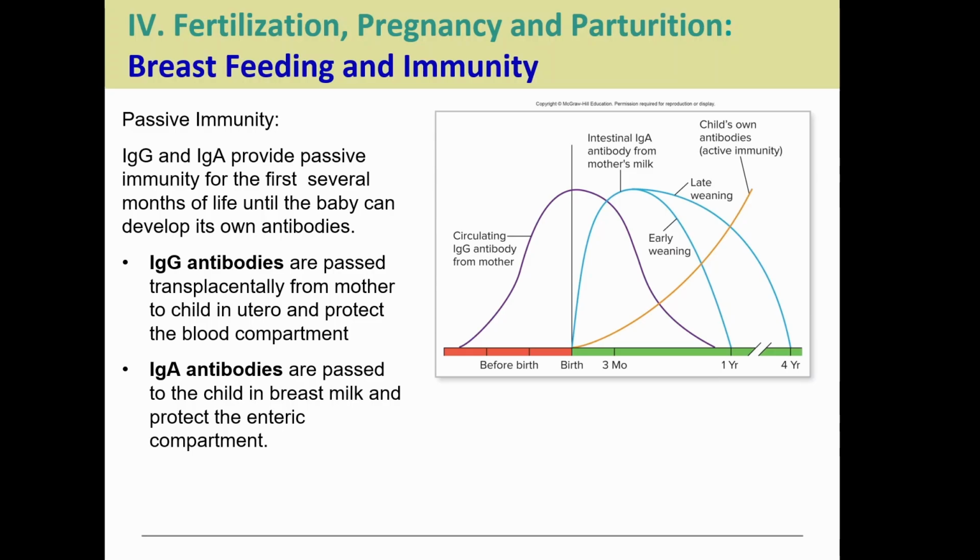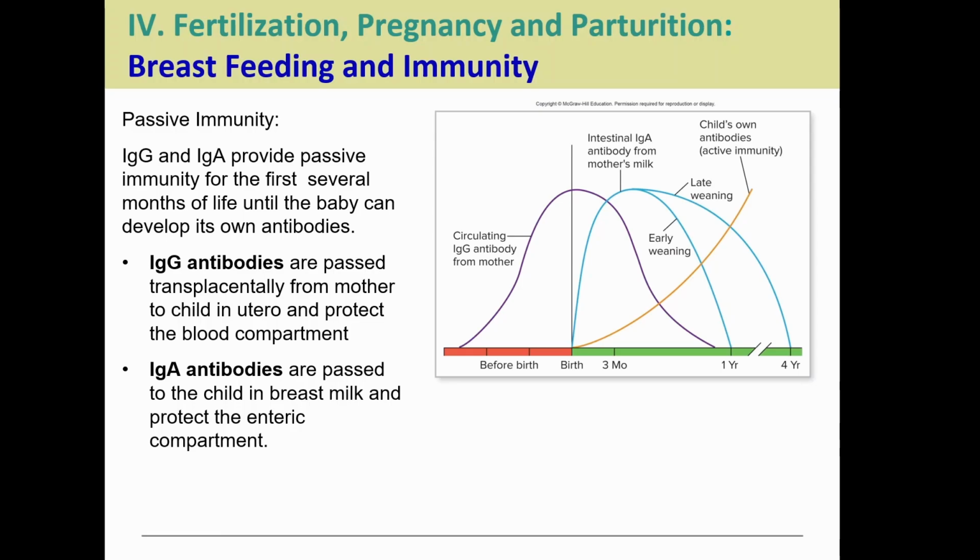Now, breastfeeding and immunity have a link. There are ways for the mother's body to help protect the infant. Since the infant's just born, its immune system is very naive and it doesn't know how to protect itself against specific pathogens yet. However, some of these antibodies can pass over from the mom to the fetus before birth.